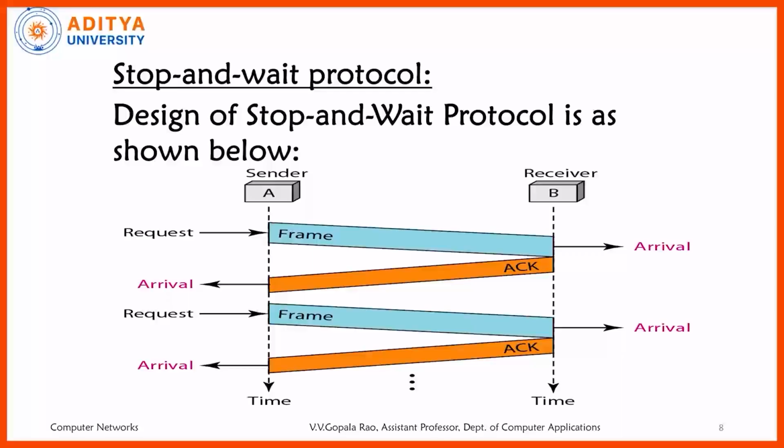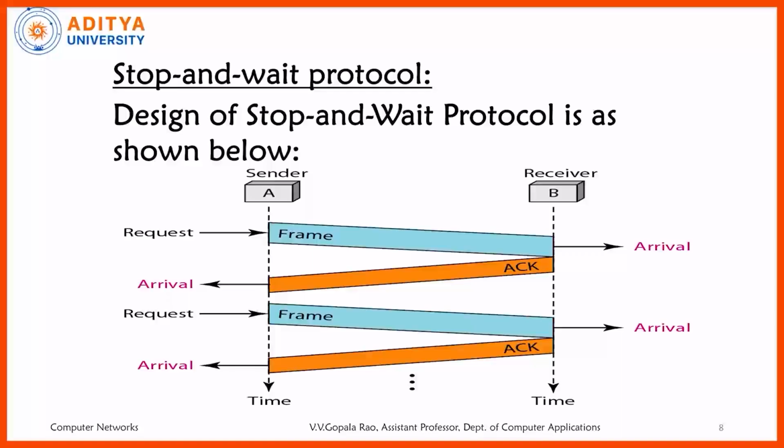First of all, the sender starts its request to check whether the receiver is ready for taking the frames. Once it gets the proper acknowledgement, it starts sending the frames. Let us imagine that A is sending the first frame, and because it is a noiseless channel, there is a guarantee that the frame will reach the destination.